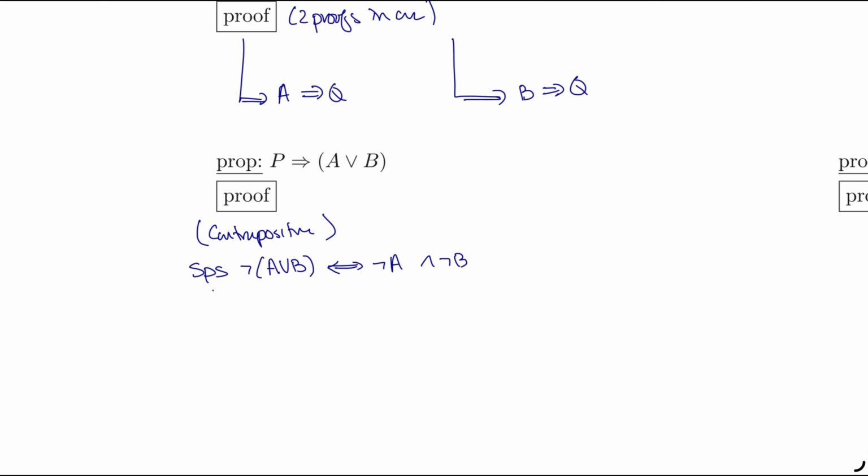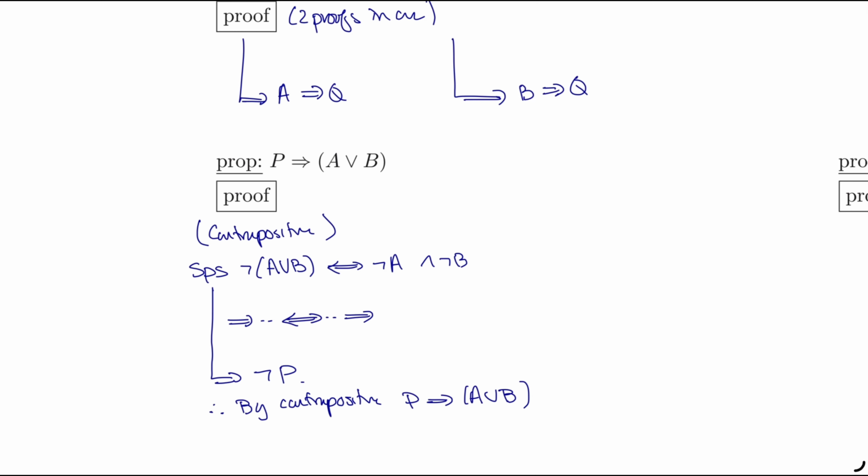And then from there, I can take any series of implications or equivalences that allow me to deduce not P. Okay, and then I could say, therefore, by contrapositive, P implies A or B. What would contradiction look like?